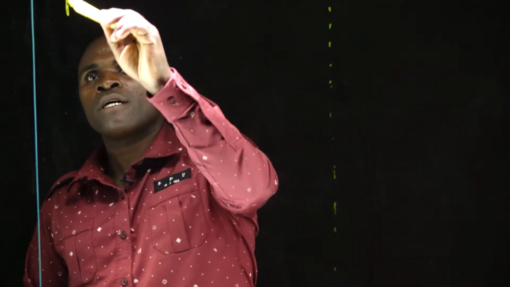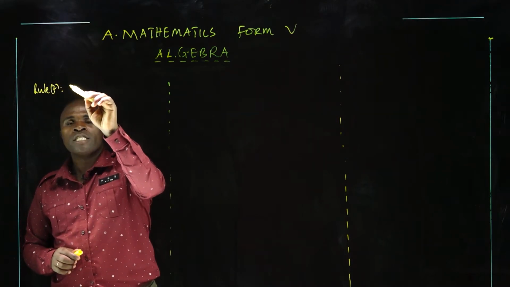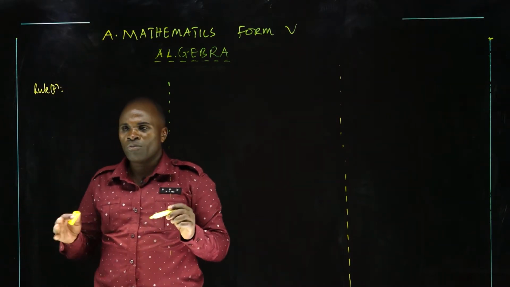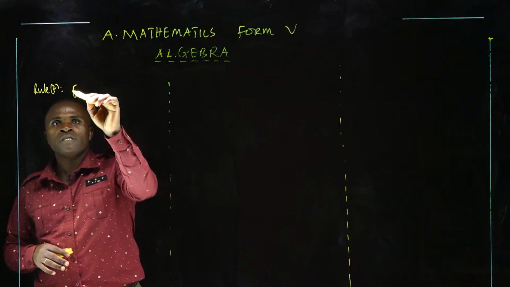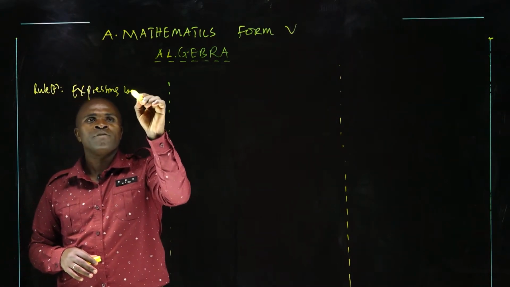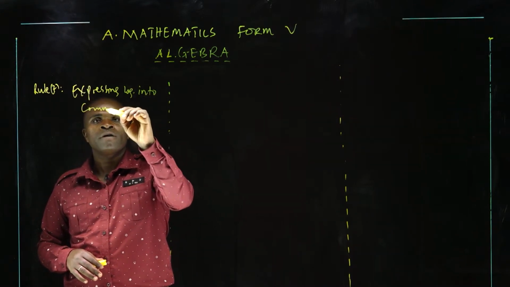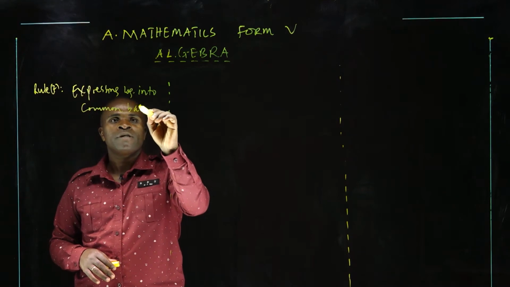Okay. Now, student, let us check rule number 7, how it works. Here we always say expressing logarithms into common base.